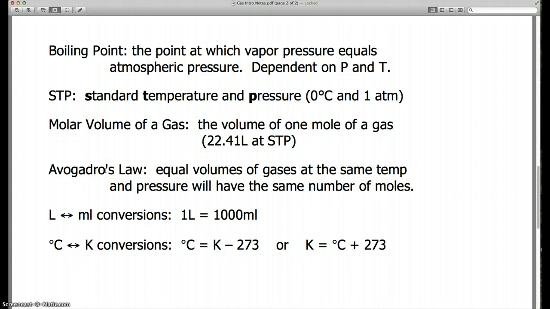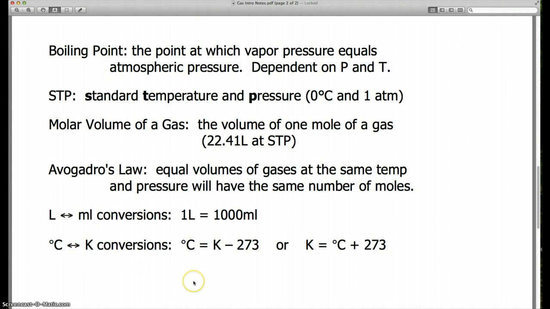The work Avogadro actually did had to do with gases, and he figured out that equal volumes of gases at the same temperature and pressure will have the same number of moles, or the same number of molecules. Like if we had 2 balloons, they're the same volume, same temperature, same pressure. It actually doesn't matter if they're different gases. They will have the same number of molecules in either balloon.